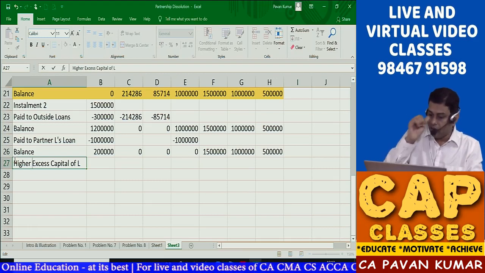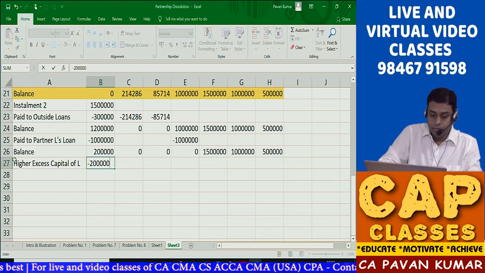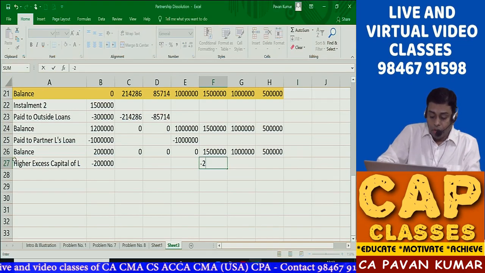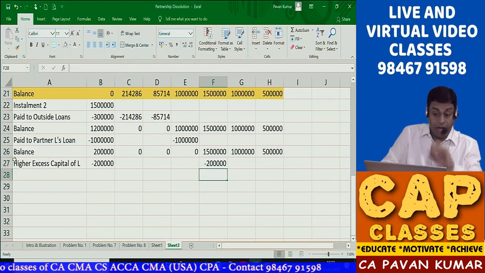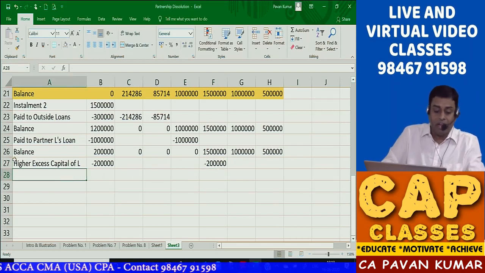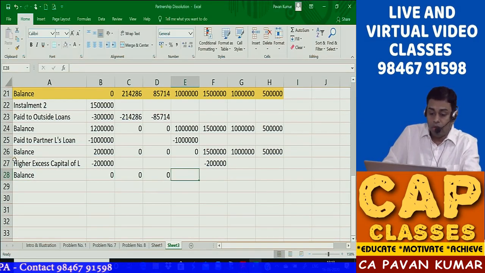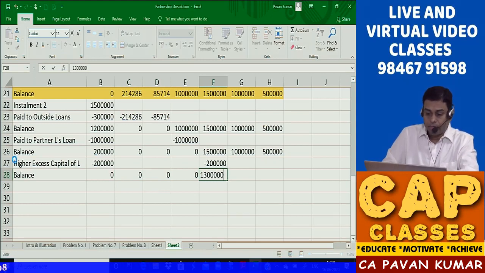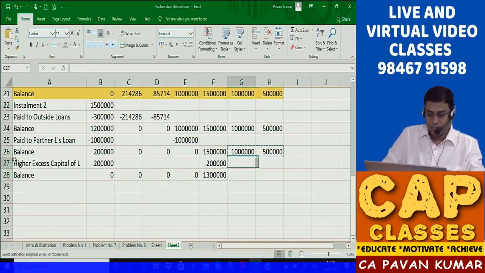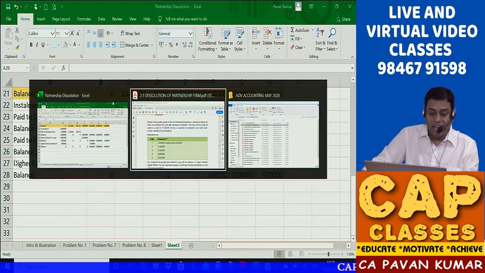Higher excess capital of L. This is repaid. Minus 2 lakhs. Here you write minus 2 lakhs. But hold on, my dear friend, you need to pay 5 lakhs. That means still 3 more lakhs of excess is to be paid. So we write balance. How much balance? 0, 0, 0, 0. Okay. And here 13 lakhs, 10 lakhs, 5 lakhs. That's it. Okay. So with this, second installment is over.